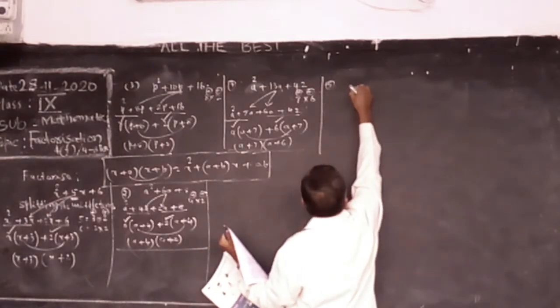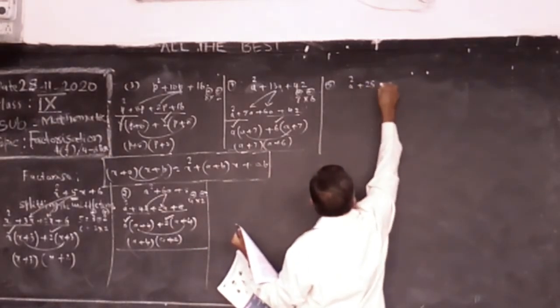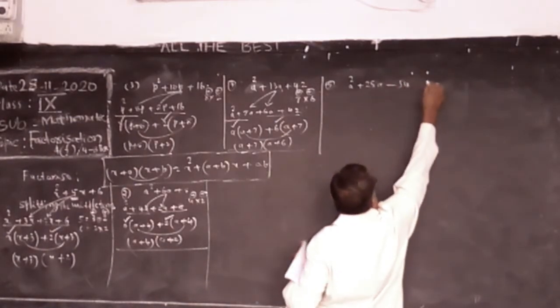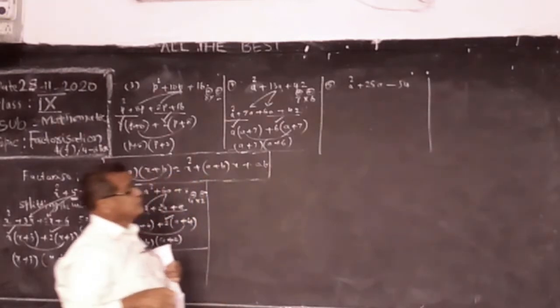a squared plus 25a minus 54, given. The product is minus 54.